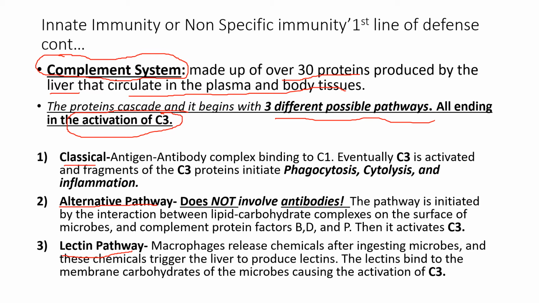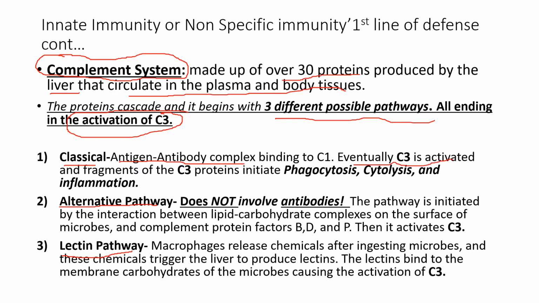The classical pathway is when there's an antigen-antibody complex. Now, that antigen-antibody complex had to come from a B cell producing an antibody, and that was from the adaptive immune system. All right, so let's say this antigen-antibody complex is floating around, and then it binds to C1, and eventually it will bind to C3.